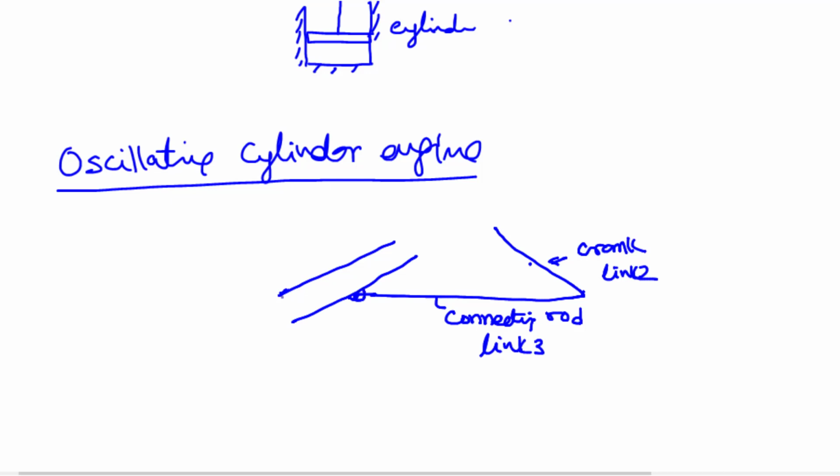This is turning pair, and this is piston. This is cylinder of link 4. This is piston rod.